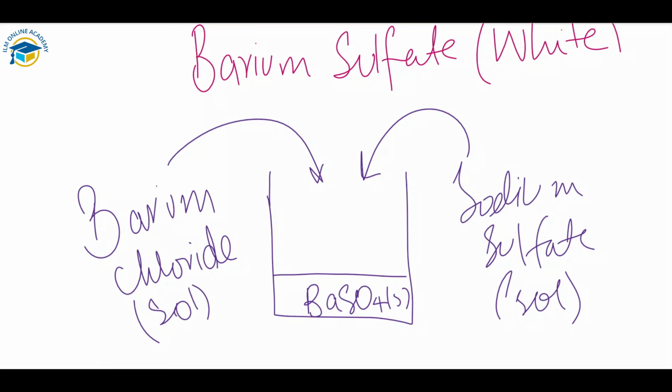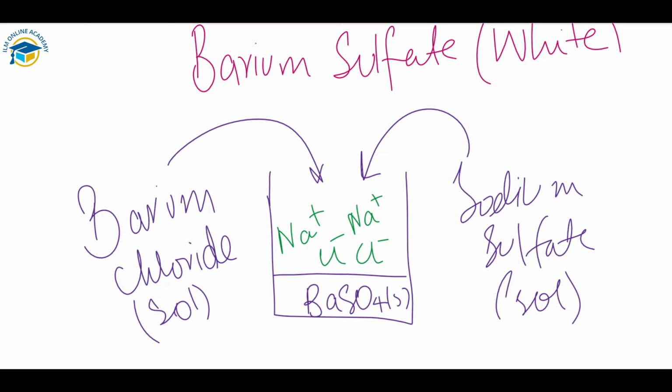They will react whether they are in the molten form or in the solution form. So when both of these solutions are added in a beaker, we have different types of ions present there. We have the sodium ions, the chloride ions, and the barium and the sulfate react together to form the barium sulfate that is present at the bottom of the tube. Why at the bottom? Because this one is the insoluble salt and the precipitate is formed. Barium and sulfate ions combine to form a precipitate of barium sulfate. The sodium and the chloride ions stay in the solution.